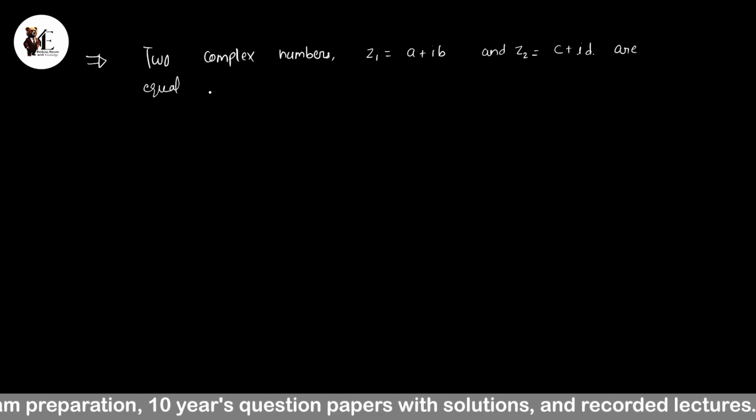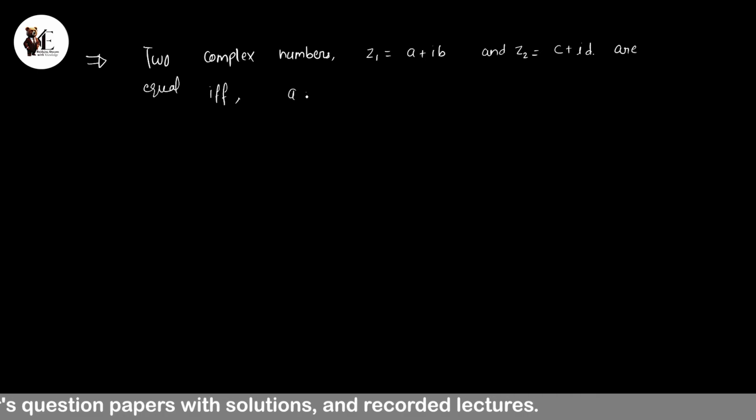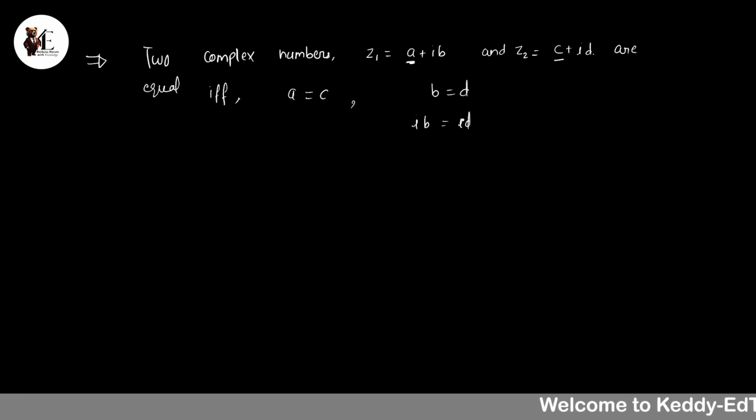So two complex numbers will be equal if and only if their real parts are equal. That is, its real part is a and the other real part is c, and the imaginary parts are also equal. So that is b is equal to d. Or if you want to write ib is equal to id, then i will be cancelled out. So at the end we will have b is equal to d.